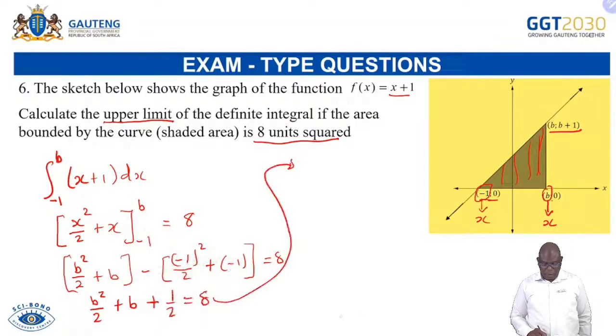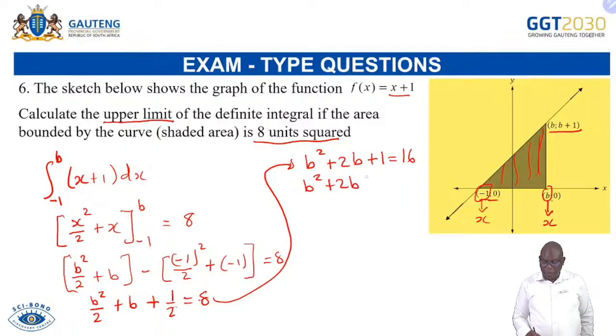If I multiply throughout by 2, it's easy. So I'll get b squared, multiply this by 2, I'll get plus 2b, multiply this by 2, I'll get 1, and multiply this by 2, I'll get 16. So I'll have b squared plus 2b, then I'll transpose the 16, and I'll get a negative 15.